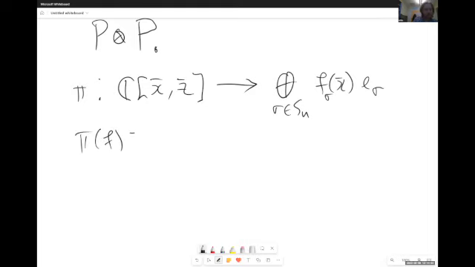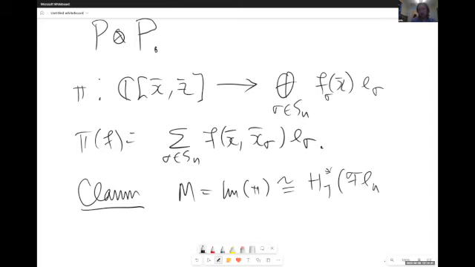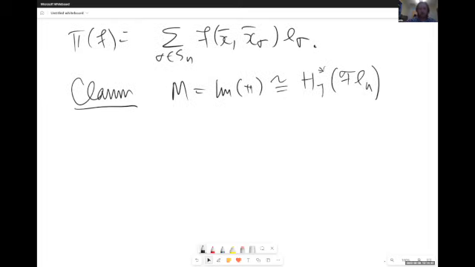So pi of f is equal to the sum of f of x bar, and then x bar with the labels reordered. And so I claim, this is a simpler version of the statement I want, that the image of this, which is just a C[x] module, is isomorphic to the equivariant cohomology of the usual flag variety, the complex flag variety.